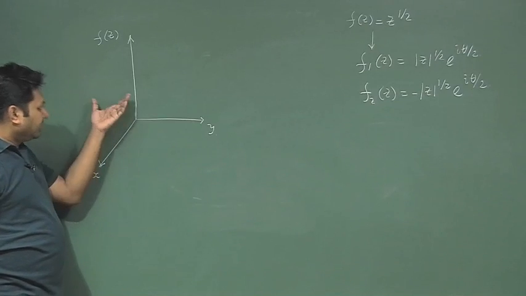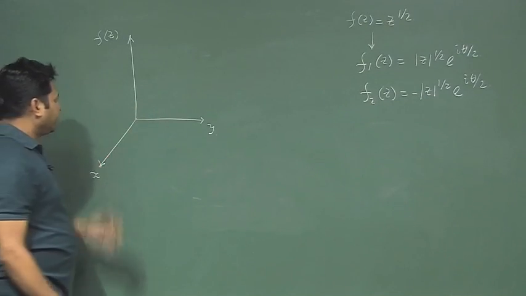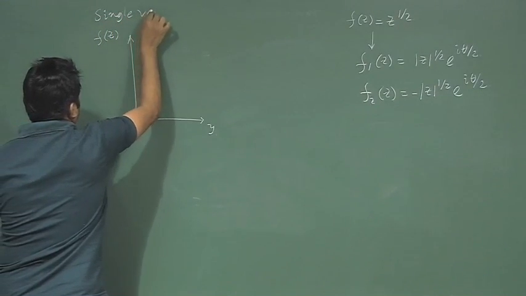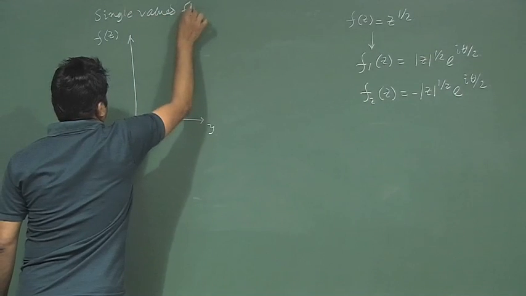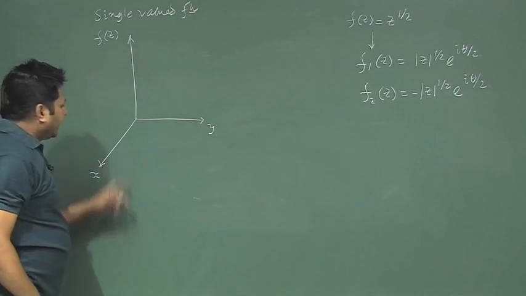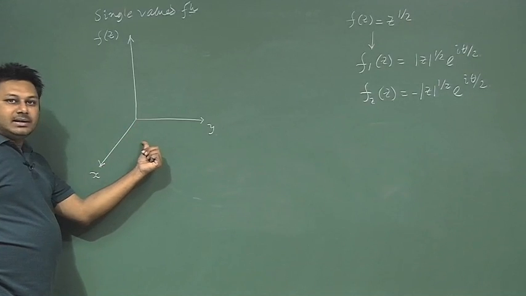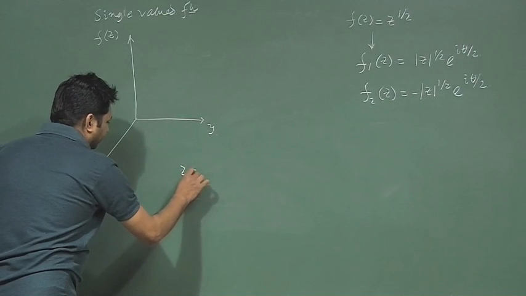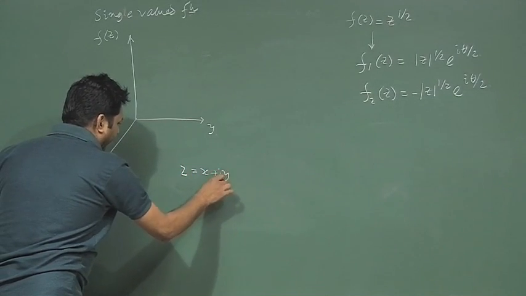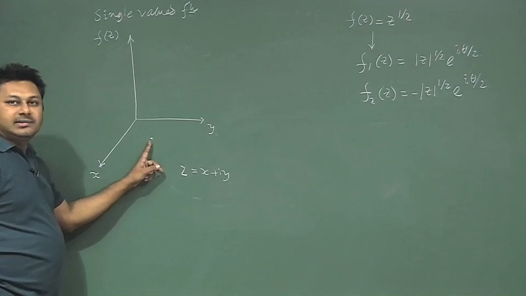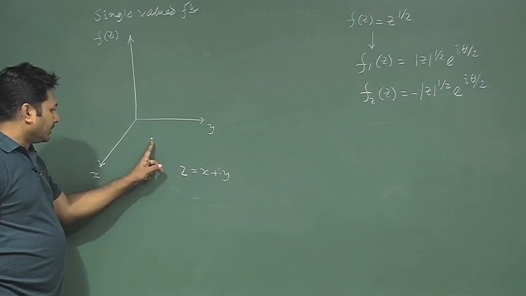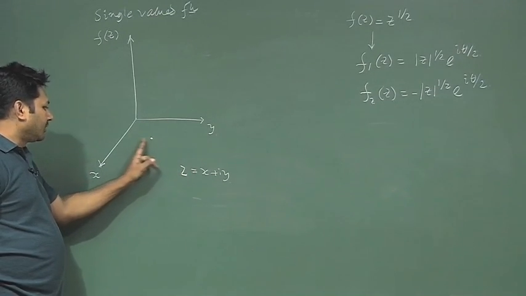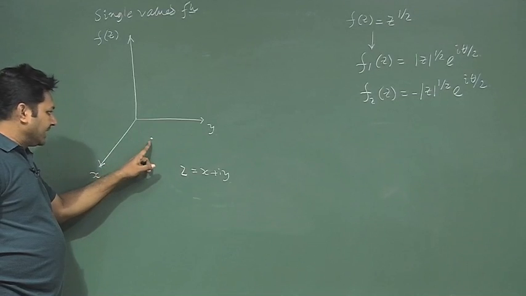If it is a single valued case, whatever the function, for a single valued function, whatever the z is in this plane, so x and y, z is x plus iy. So, somewhere here the z is located by this point. Now, it is moving, so it is a variable.